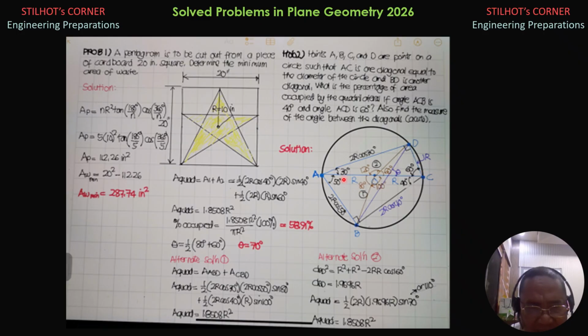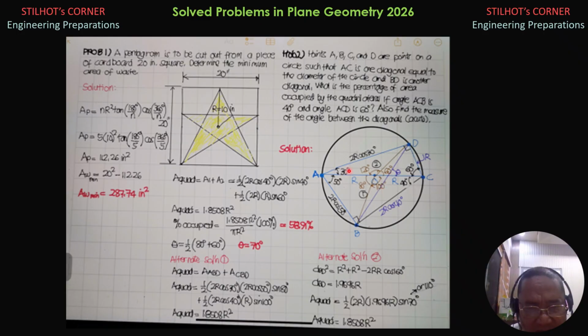Now, since this is 30 degrees, half of 60, and this is 50 degrees, half of 100, this angle here is 100 degrees, because this is 50 degrees. 90 minus 40 is 50 degrees. Or, secondly, 100 degrees is 180 degrees minus 80 degrees. So there are many ways to solve for these angles.